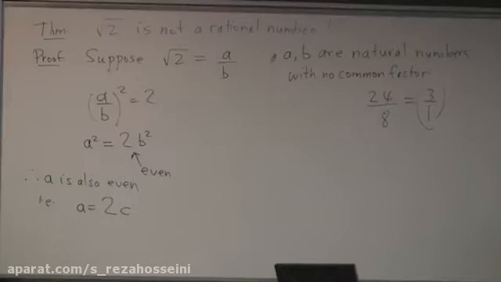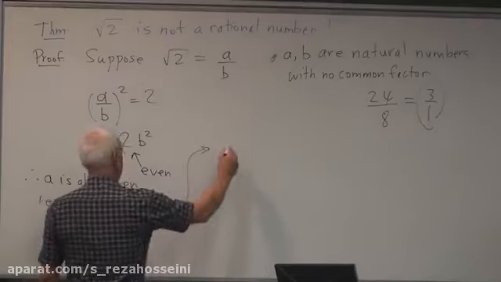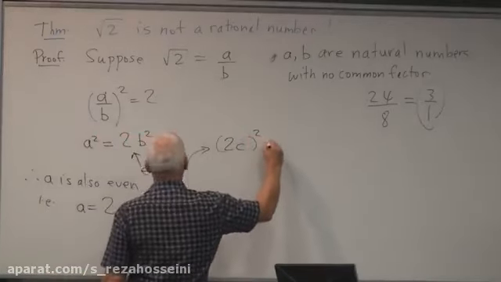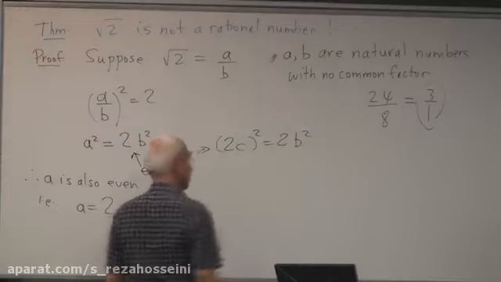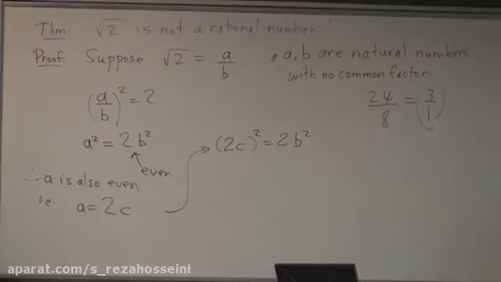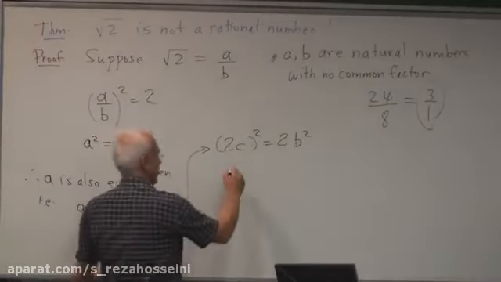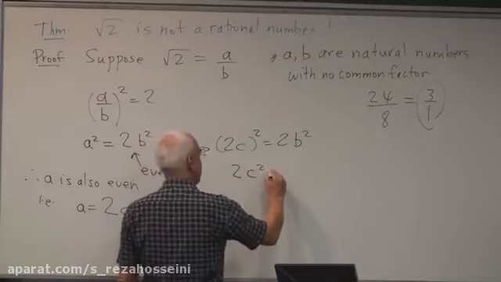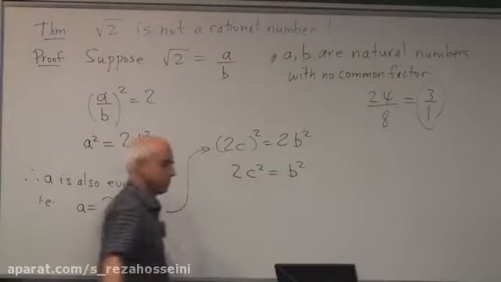And so we'll let that other number be c. Now we're going to plug that back in here. We get (2c) squared equals 2b squared. And when we expand this out and divide by 2, we get 2c squared equals b squared.